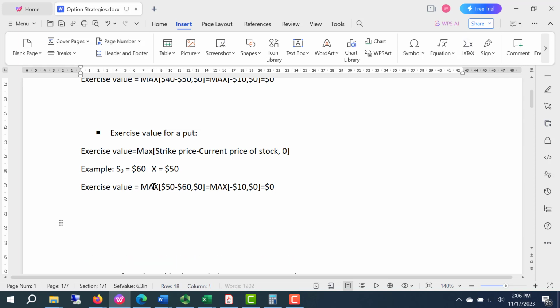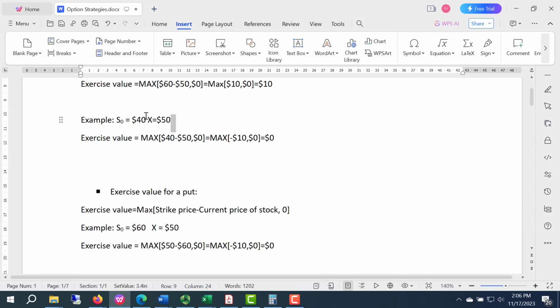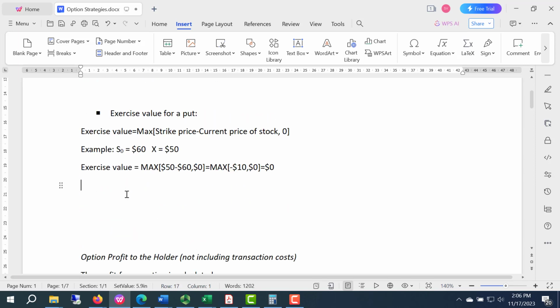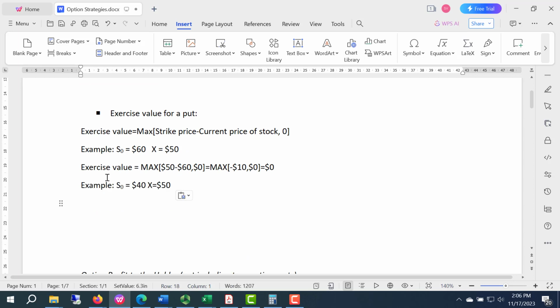In the second case, if we go back up above here, we can see in our second example, we have a stock price today of $40, so the stock price went down instead of up.